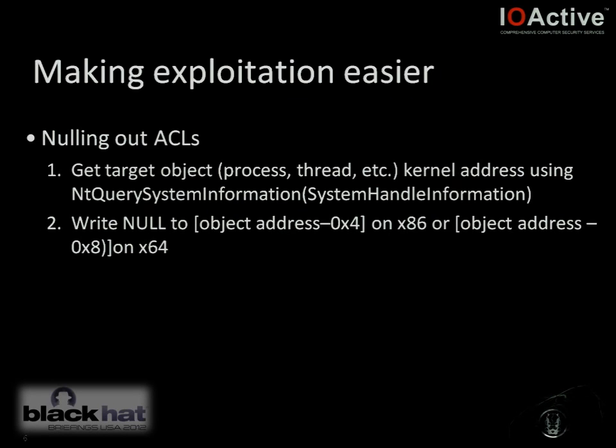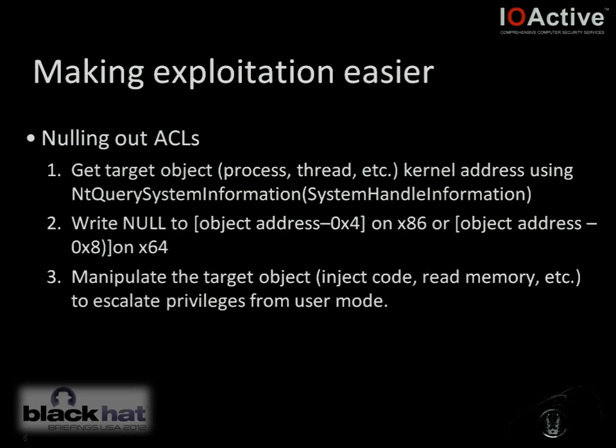And instantly that object becomes ACL free. And after that, we perform the privileged action we want on that object. Like I said, if it is the LSASS process, we can read the password hashes, inject code, etc. As you can see, it's very simple.